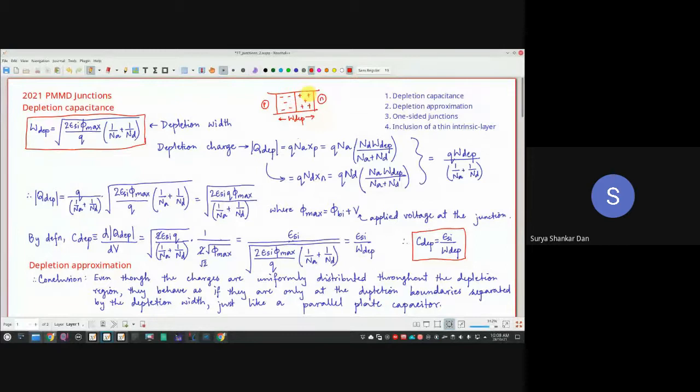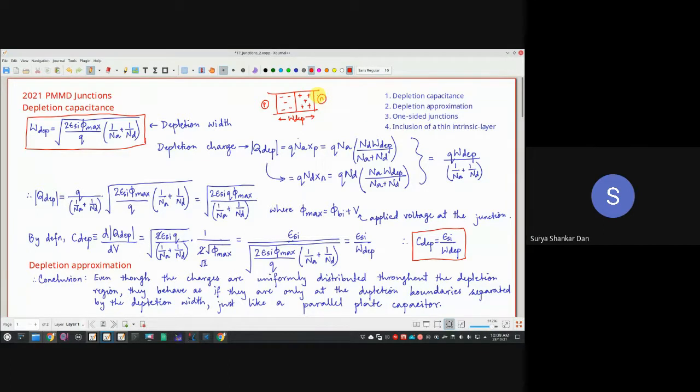ठीक है ना. तो यहाँ पर देखो, obviously we can say that there are immobile charges here, there are immobile charges here, and there is a charge separation. Remember that we still have the boron ions here and the phosphorus ions there as well, but that is electrically neutral. Why is it? Because we have got free holes and free electrons over here.